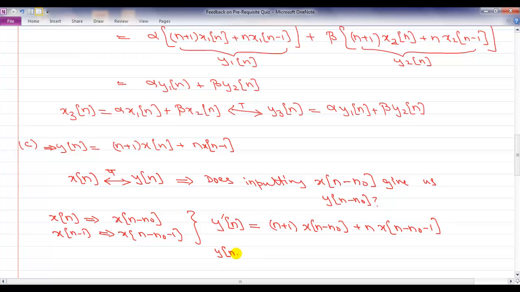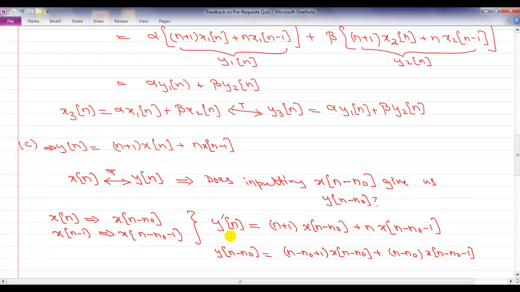So y of n minus n naught is n minus n naught plus 1 times x of n minus n naught plus n minus n naught times x of n minus n naught minus 1.